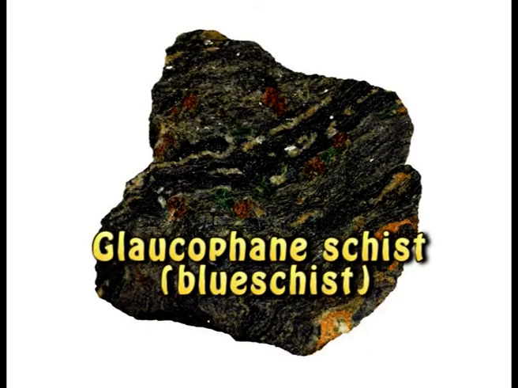Now the next module is mode of occurrence and origin. The eclogites are usually encountered as bands or lenses in crystalline complexes belonging to the granulites or amphibolites or the glaucophane-bearing schists.